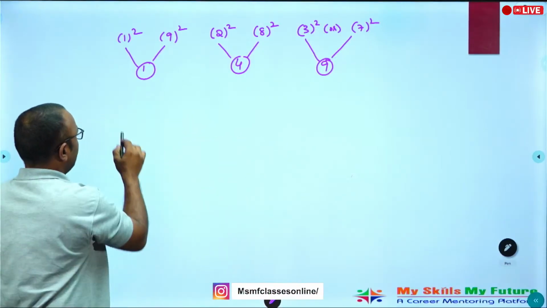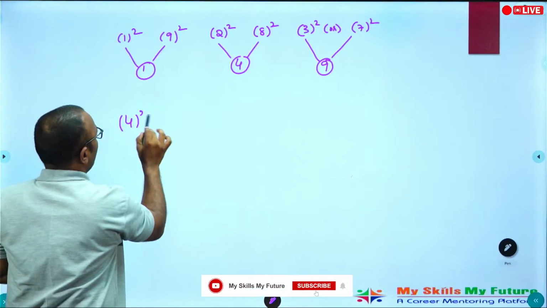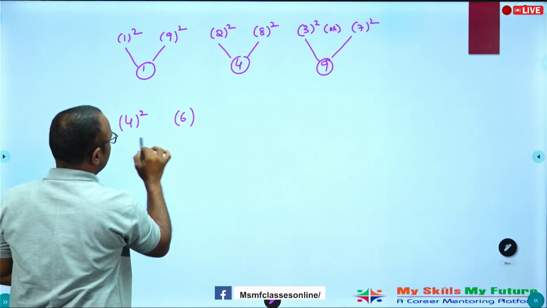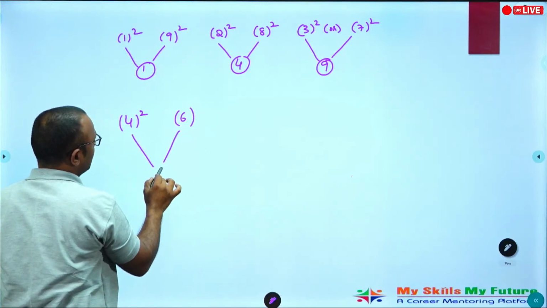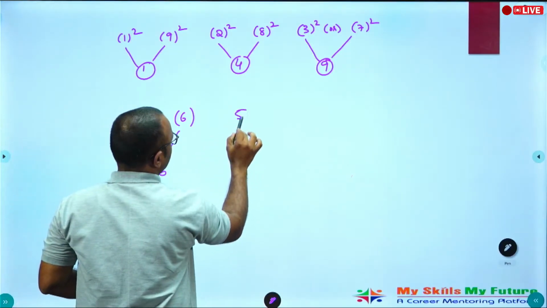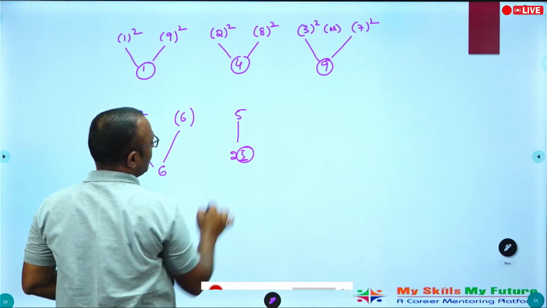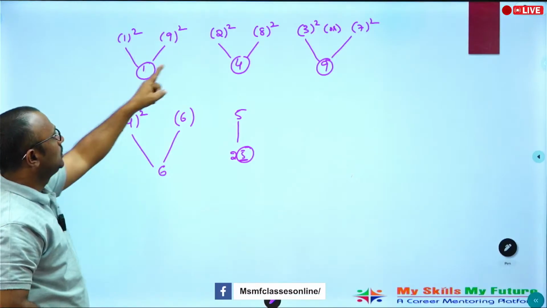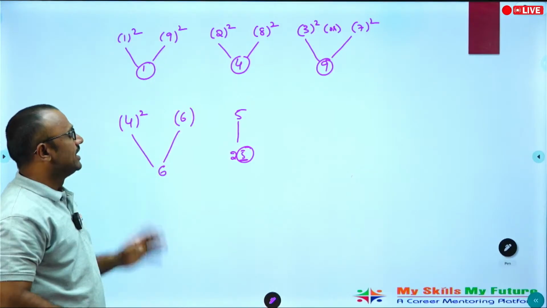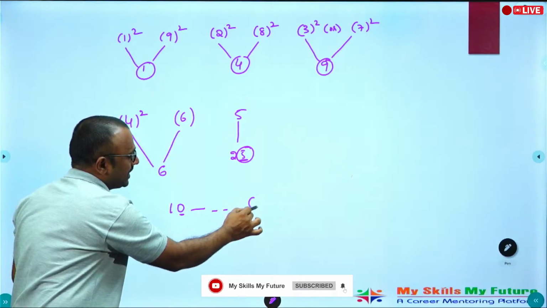Next, if the unit digit of a number is 4 or 6, the square of the number ends with 6. If the unit digit of a number is 5, then the square ends with 5. If the unit digit of a number is 0, then the square of that number ends with 0.